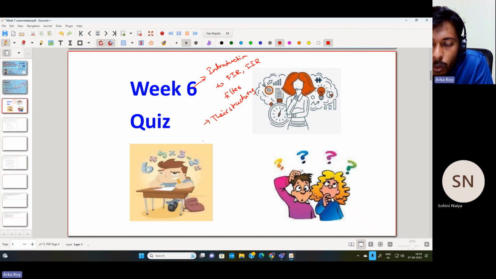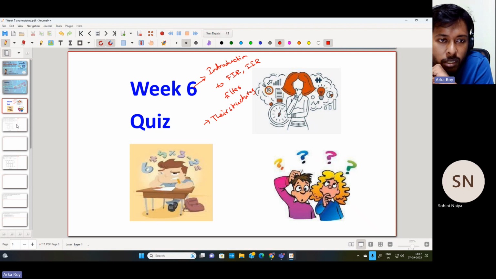We had also seen how the coefficients of FIR filters are related through symmetry properties: if the finite number of coefficients is even, or if it is odd, how the symmetry property is exploited to generate the filter coefficients. With this, let us start solving the week 6 quiz.